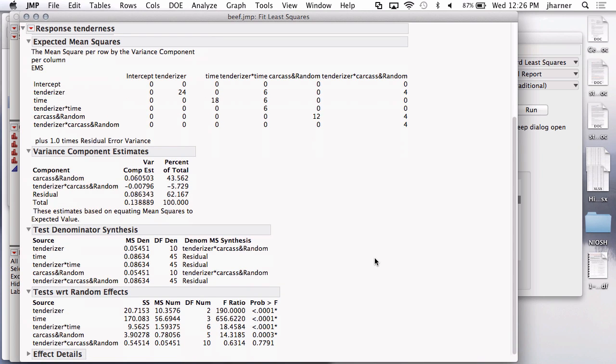Okay, so I have to leave that up in question. Any questions on this, other than the fact that it doesn't appear they're using the right error term?